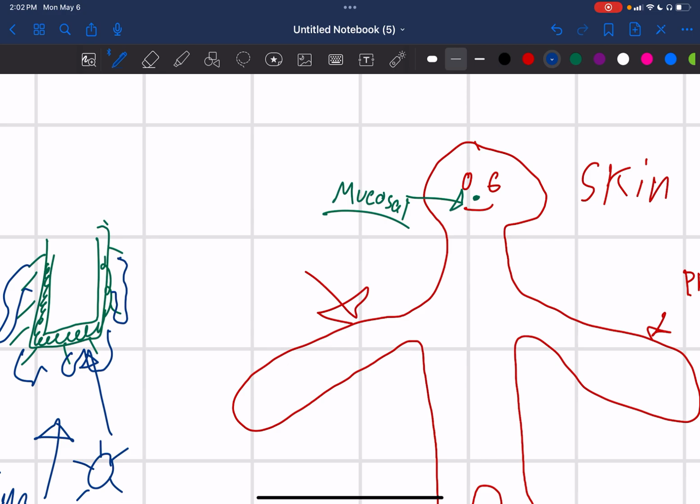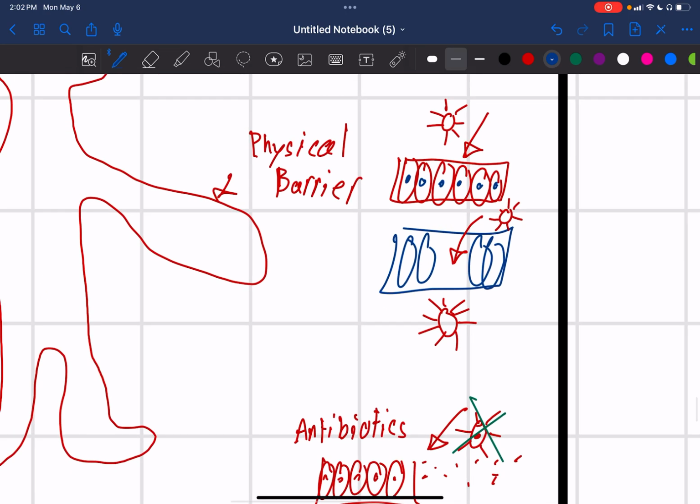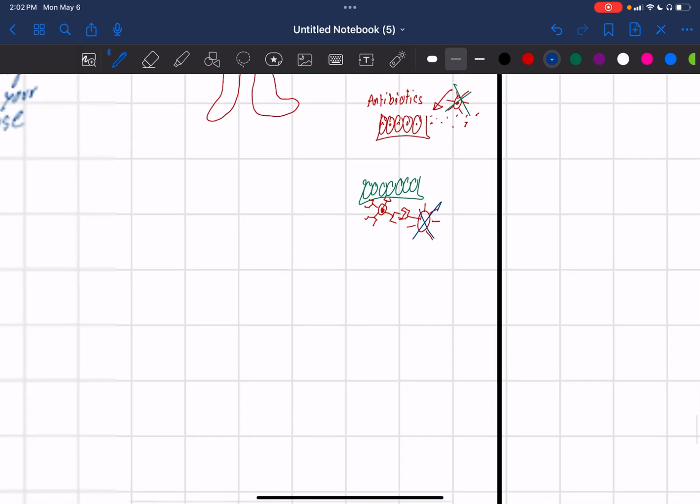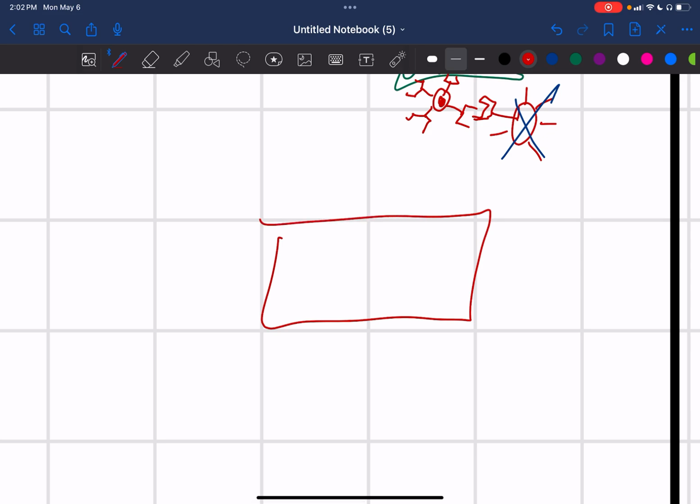Not only does this occur within your nose, but other parts as well, such as your respiratory tract. On top of that, we also have the shedding of our cells. Like we saw on the skin, we have epithelial barriers, and some of these can have multiple layers. It's going to keep on going the whole way.